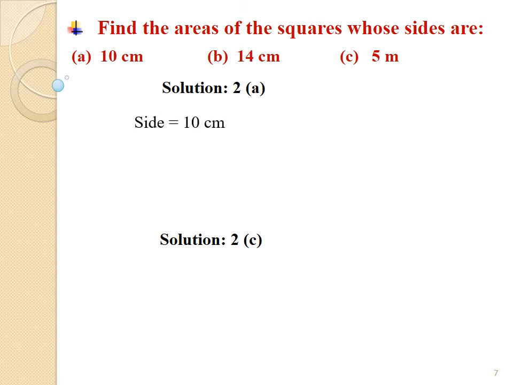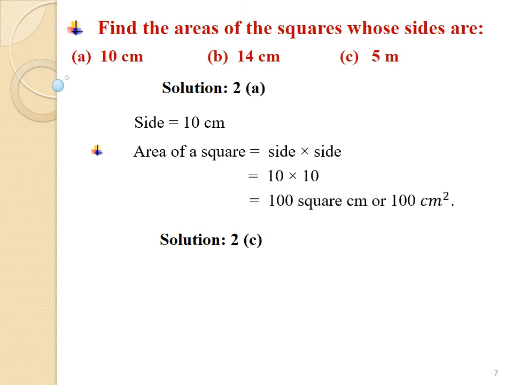Thus, area of a square equals side multiplied by side equals 10 multiplied by 10. Now, multiplying 10 by 10, we get 100 square centimeters. Thus, the area of the square is 100 square centimeters.